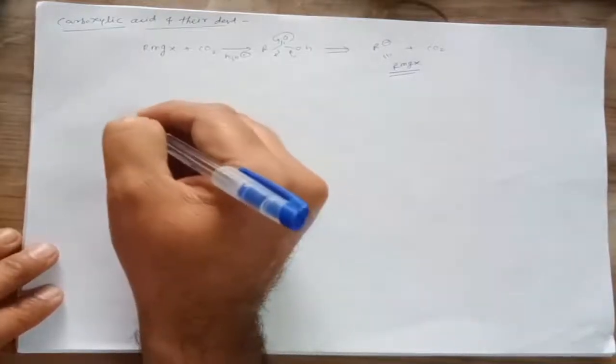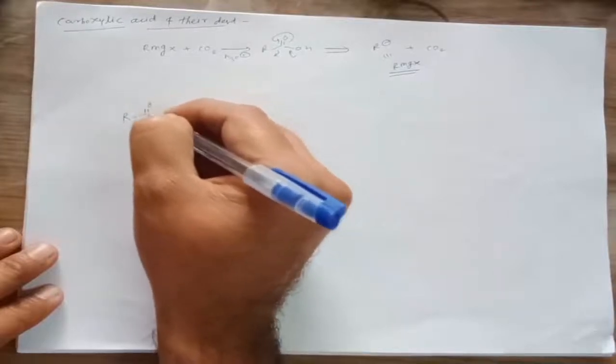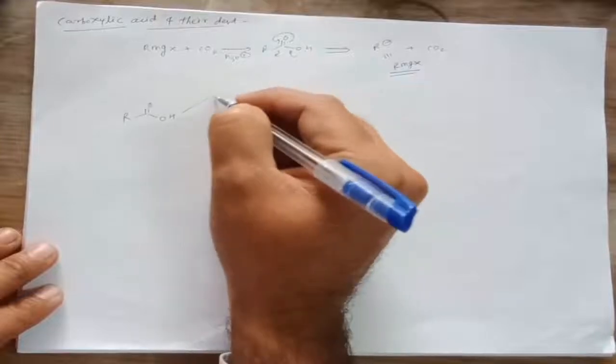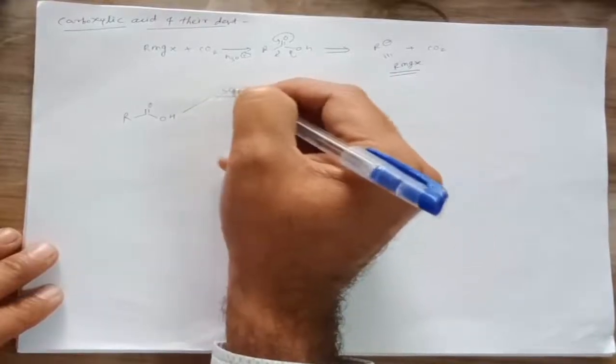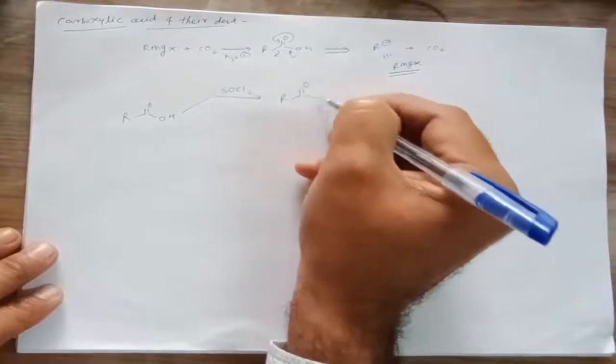We know that acids can be treated with various compounds and their derivatives can be prepared. Treating with thionyl chloride, SOCl2, gives acyl chloride.